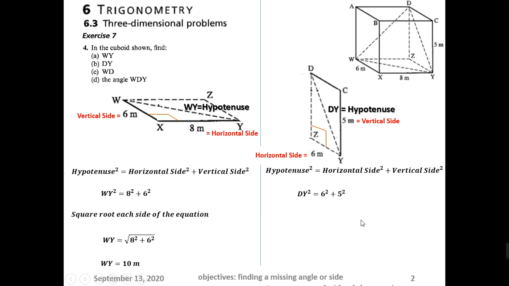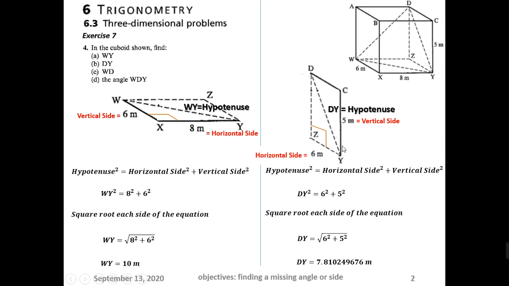Let's square root each side because we're calculating DY and not DY squared. So DY is equal to square root of 6 to the power of 2 plus 5 to the power of 2. This right side is ready to be inserted in the calculator, and if you do so, you're going to end up with DY is equal to 7.81 meters if the answer is requested to be given to 3 significant figures.